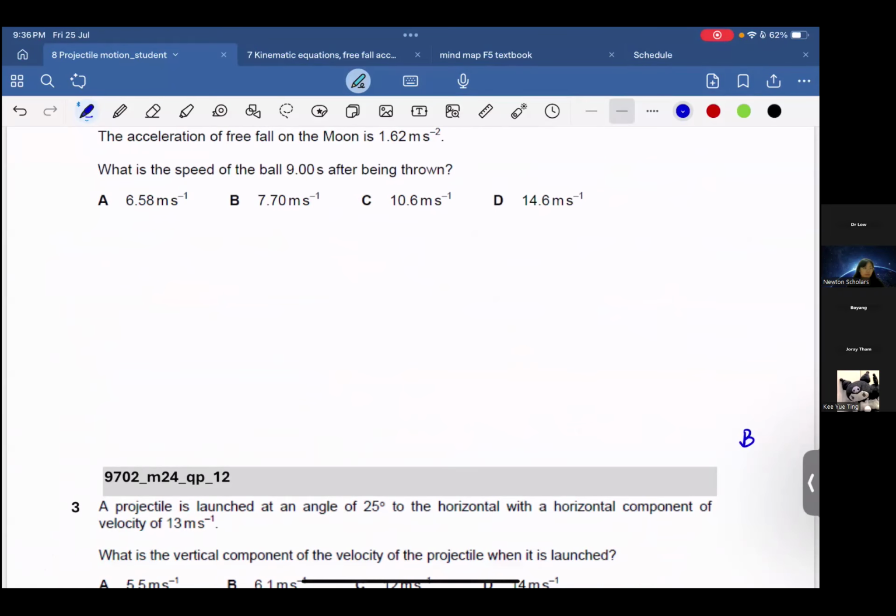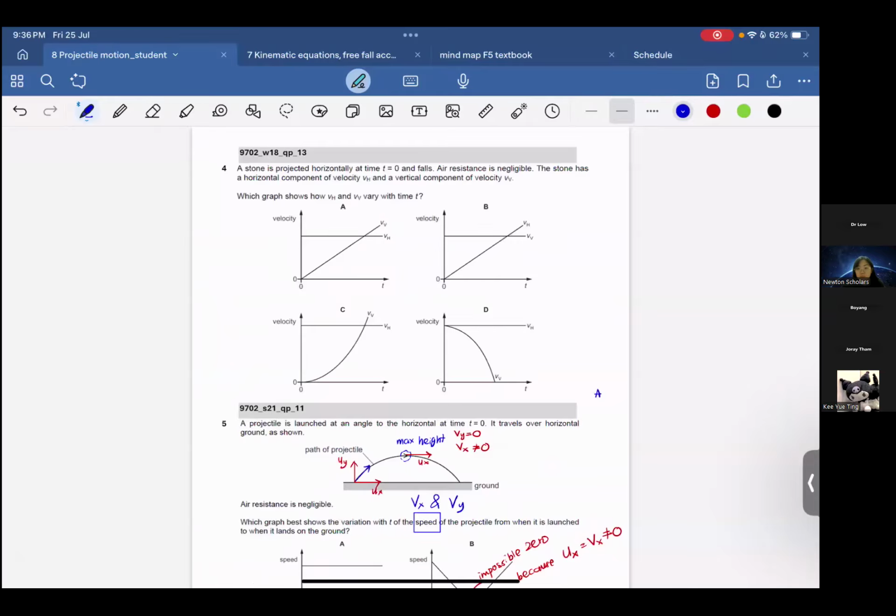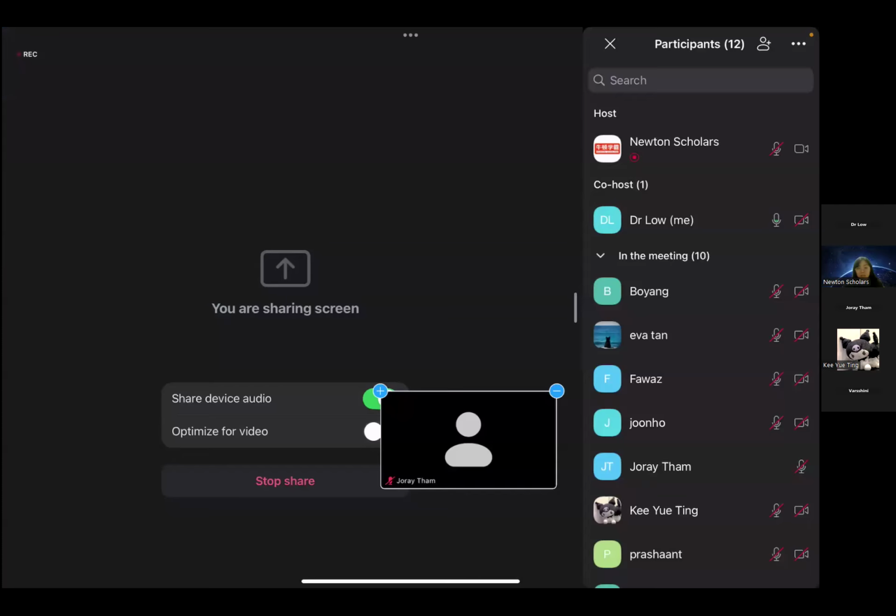You write B, B, A. So you solve it. By the way, can you solve it by yourself?